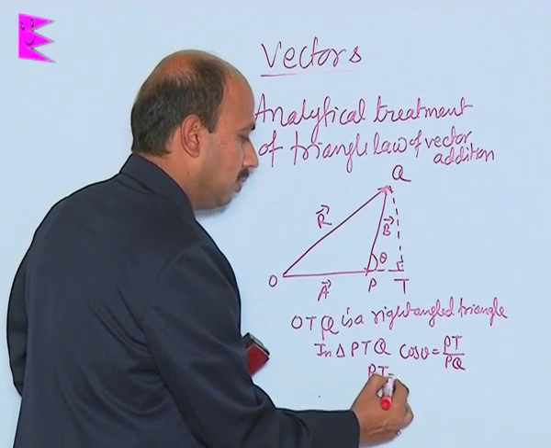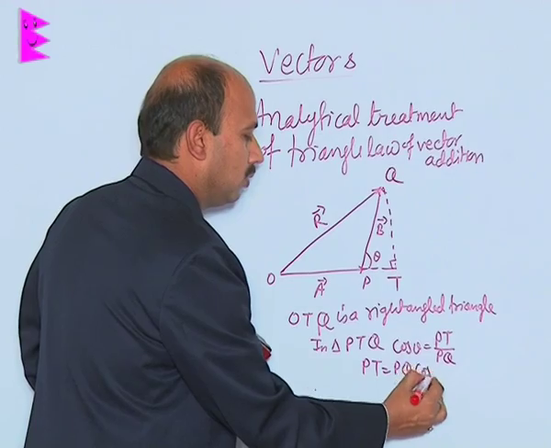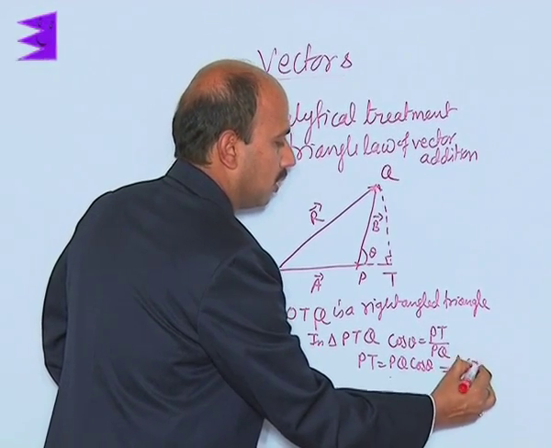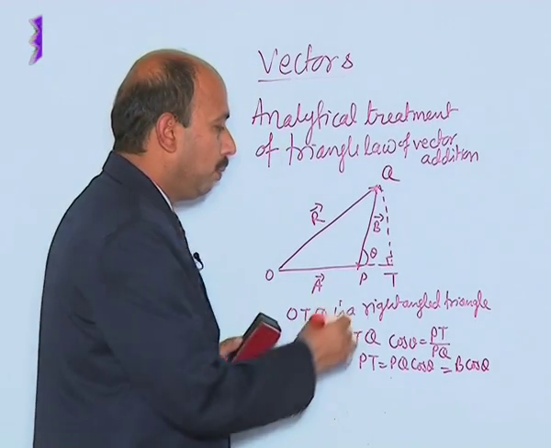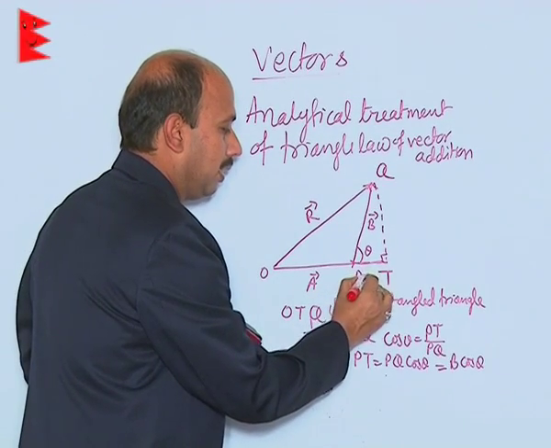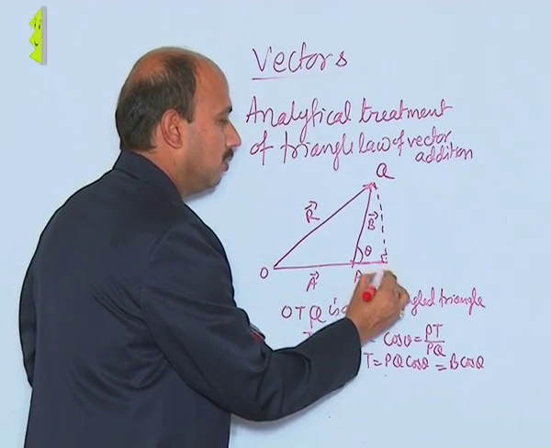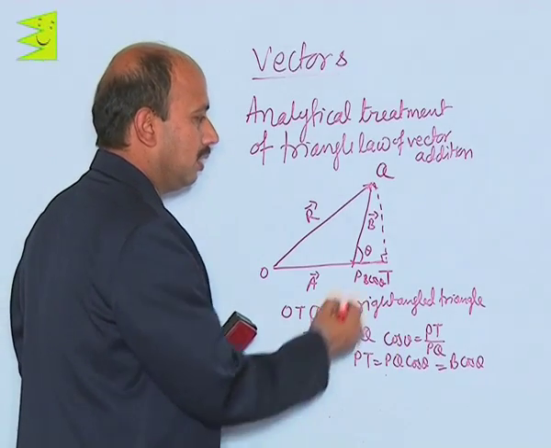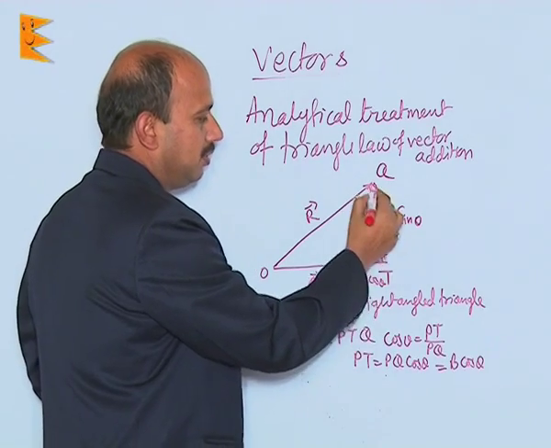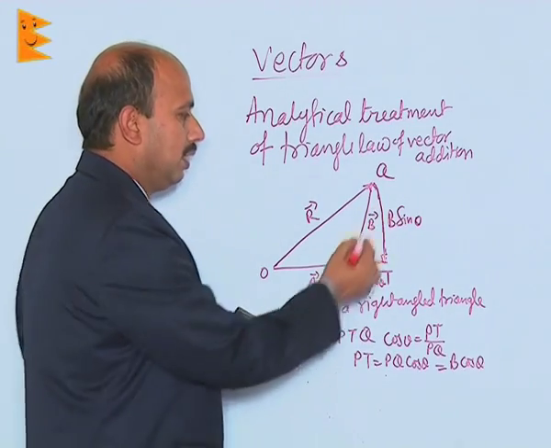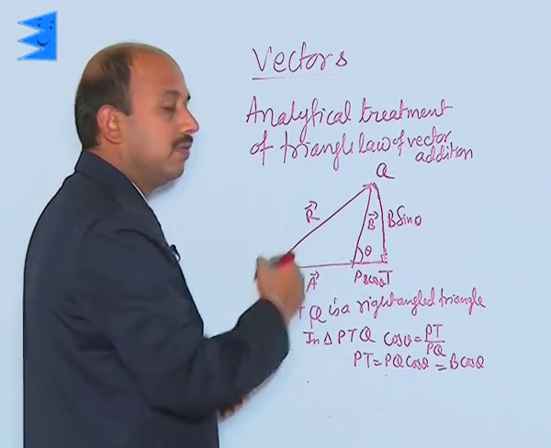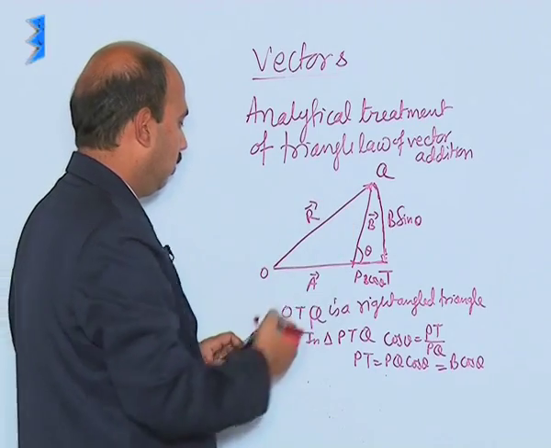So, PT is equal to PQ cos theta, that will be B cos theta. So, the value of PT we have got is B cos theta. Similarly, by using sin theta, in this triangle you will get the value of QT, that is B sin theta. Now, we can get the magnitude of R, we can get this length OQ.